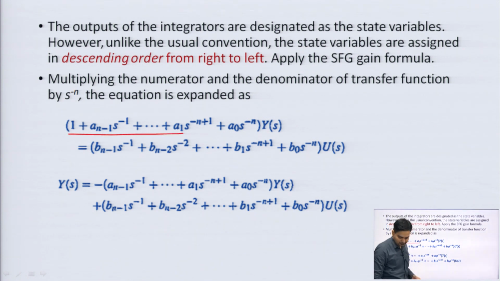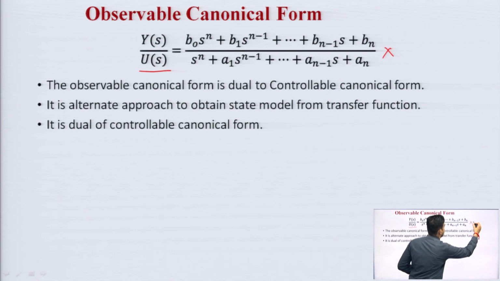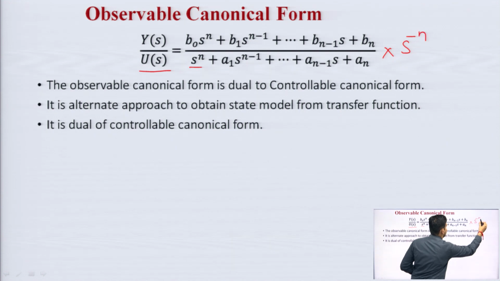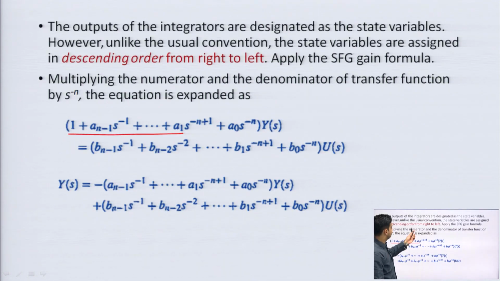The first step is the same: multiply numerator and denominator by s raised to the power minus n, and then the equation will become like this, and now we have to solve it. Here I need to write this in terms of Y(s), because I have to observe the output.